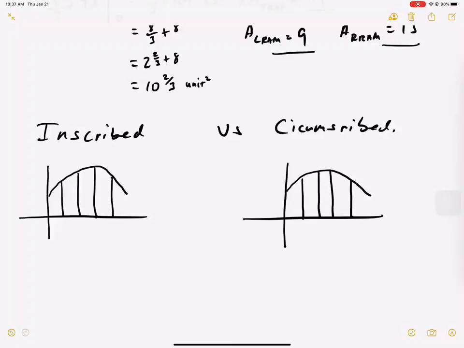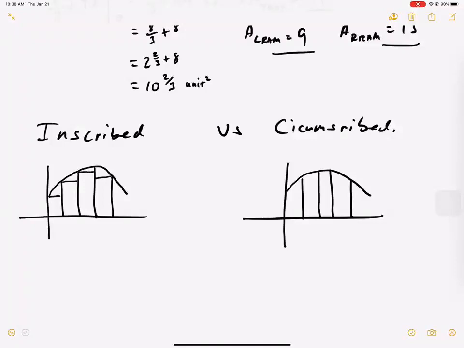Okay, so what is circumscribed and what is inscribed? Here's the thing. I forget which is which till I realize one of them has the word in it. In means all your rectangles must be inside your graph.